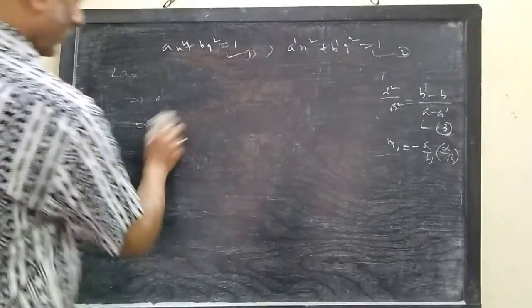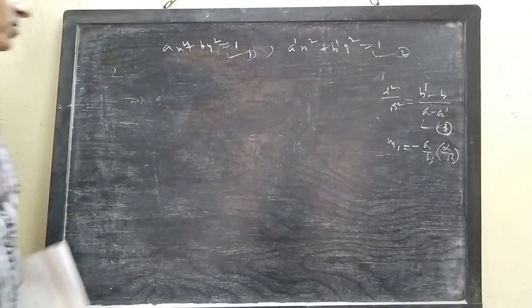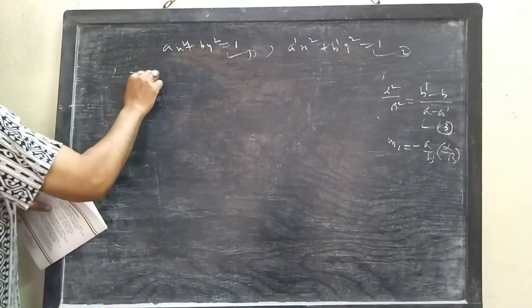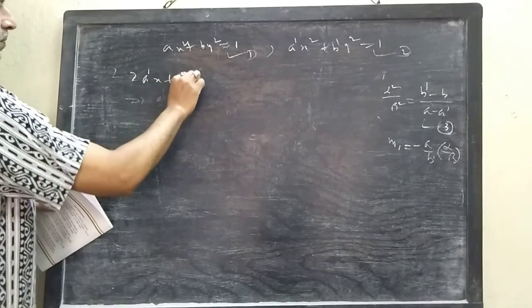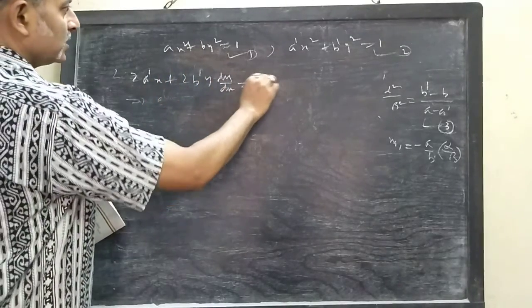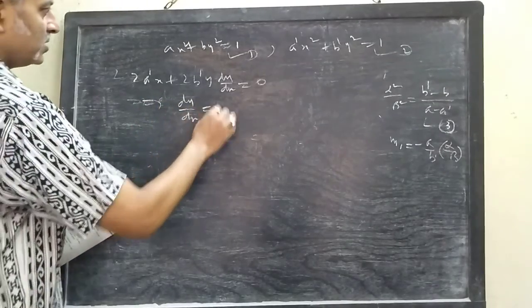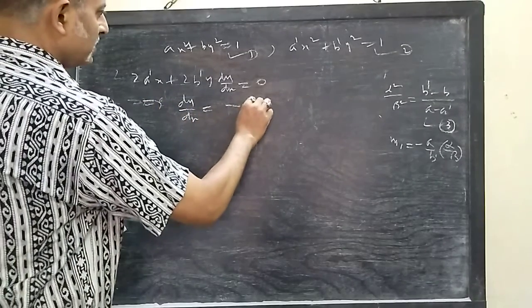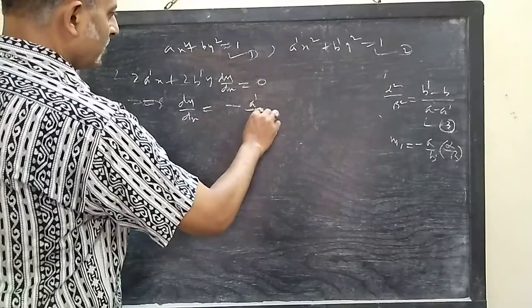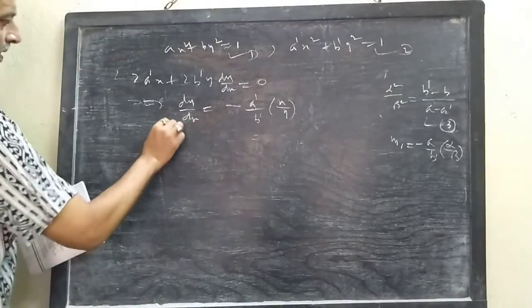Next, differentiating both sides of 2 with respect to x, we get 2a dash x plus 2b dash y dy/dx equals 0. That means dy/dx equals minus a dash by b dash into x by y.